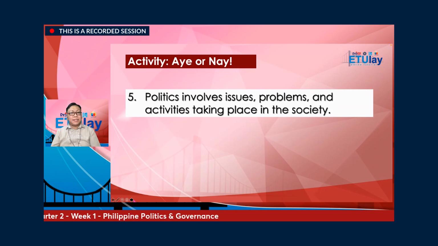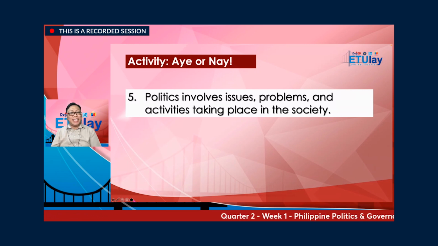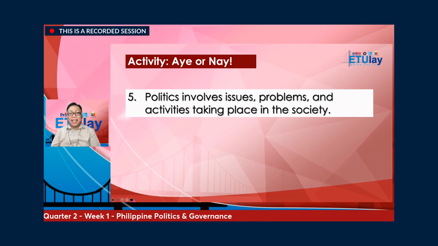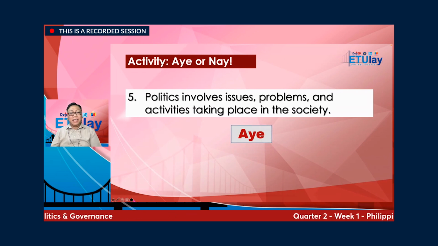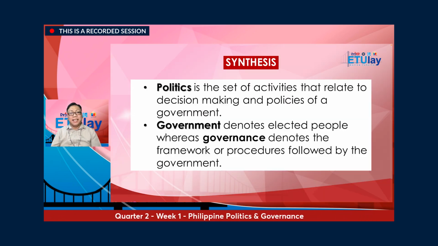Number 5, the last. Politics involves issues, problems, and activities taking place in the society. Is it aye or nay? All right, it's aye. It's correct. It deals really with problems and activities in our society, and that's the essence of politics.